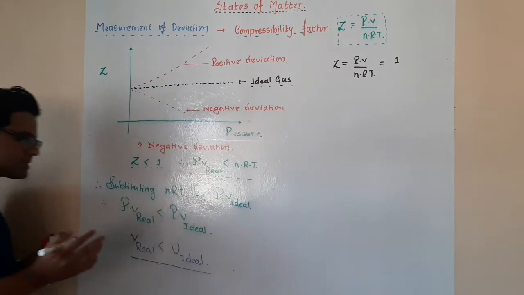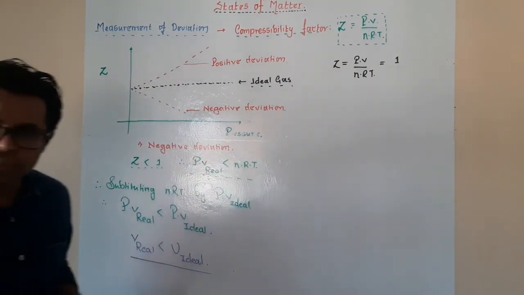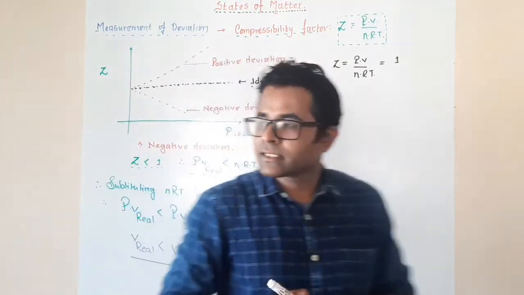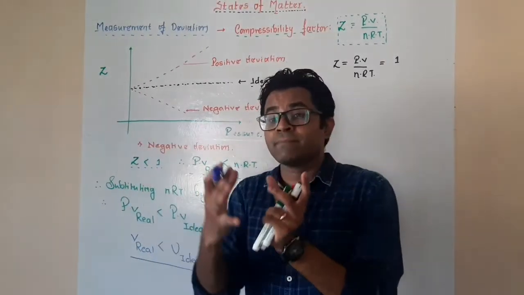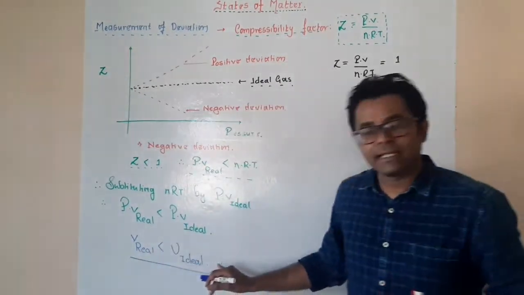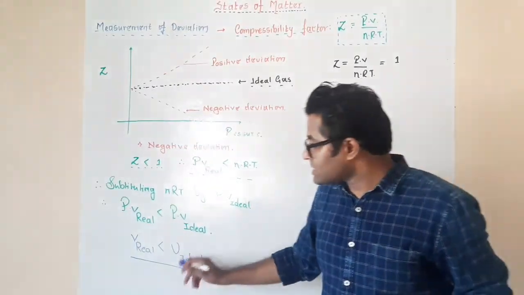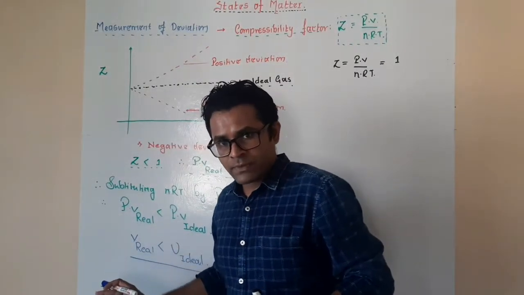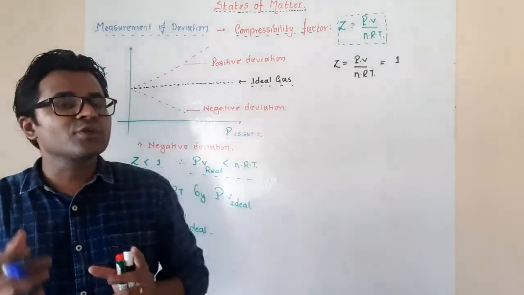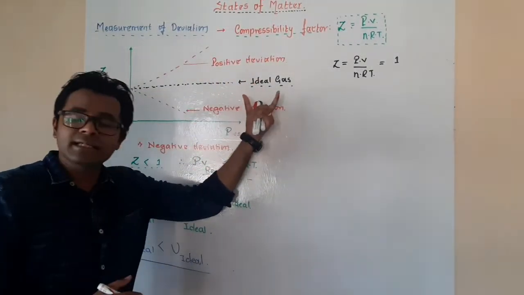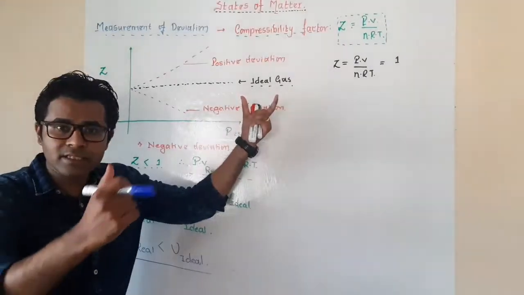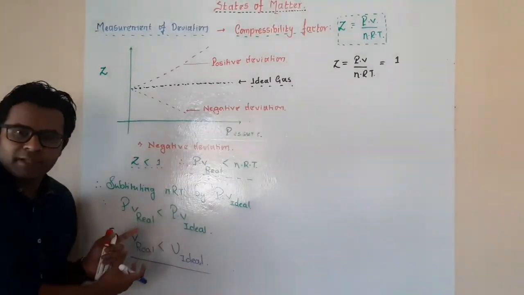Now what does this point mean to us? It means that these gases are more compressible than the ideal gases. So whenever a real gas shows a negative deviation compared to the ideal gas condition, these are the gases which are more compressible.